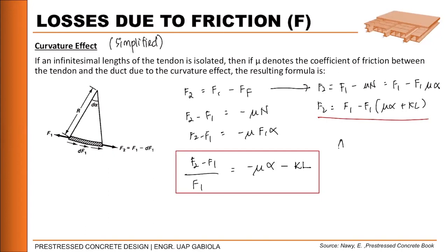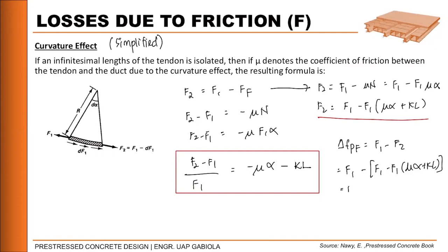Okay, yung change in FBF, that should be F2 minus F1. So, F1 minus F2 pala, sorry. From our left side, papunta sa right. So, this should be F1 minus F1 minus F1 mu alpha plus AN.